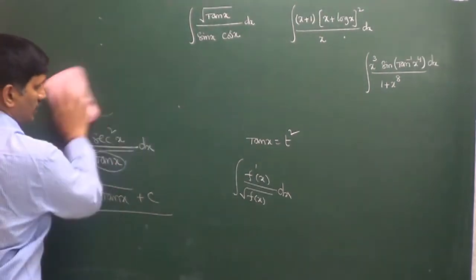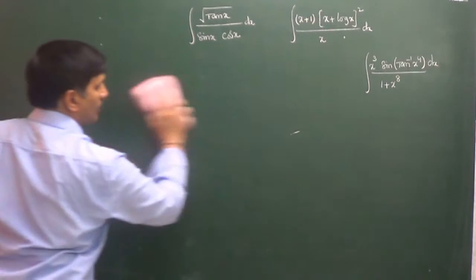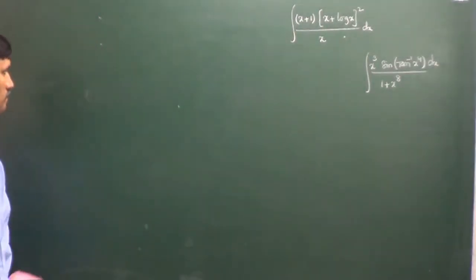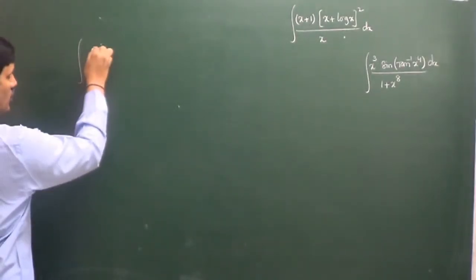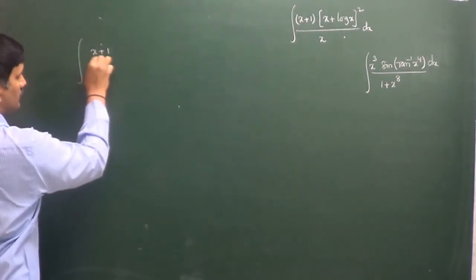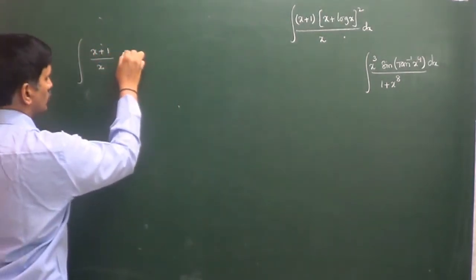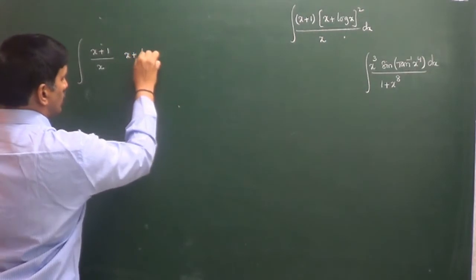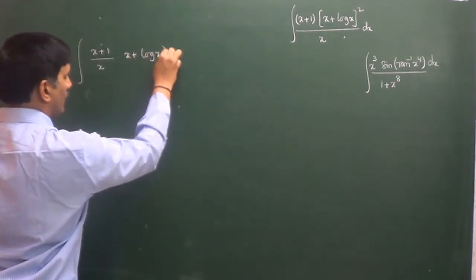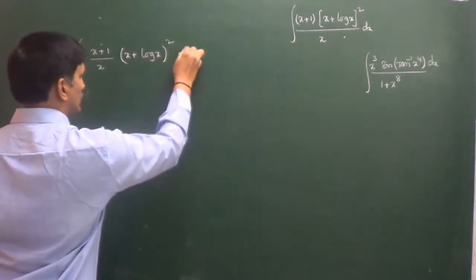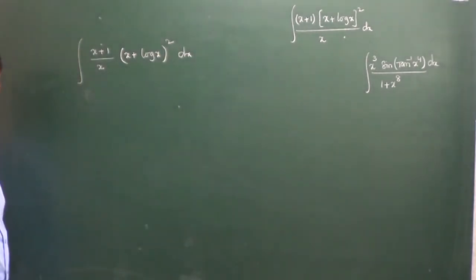So next, you see another question. This is the question, integration of x plus 1 divided by x into x plus log x whole square. This question also we can say the answer directly.